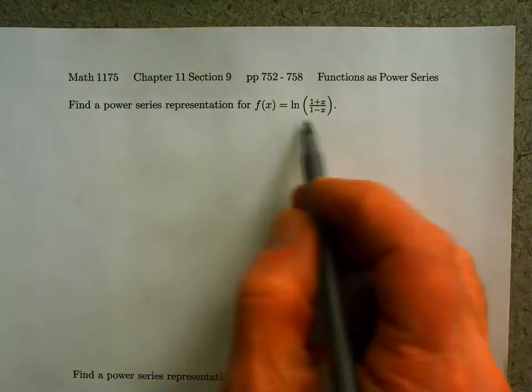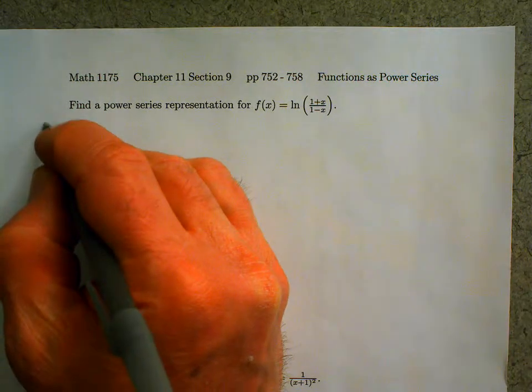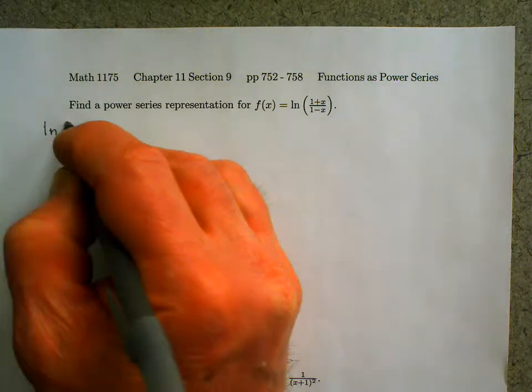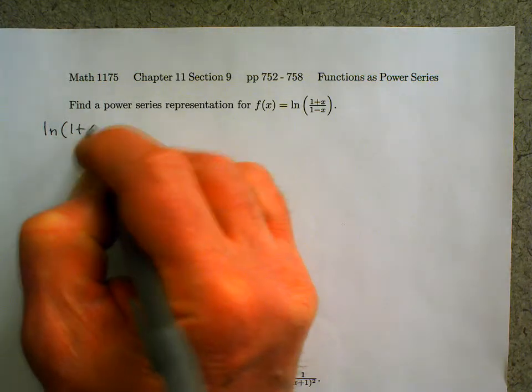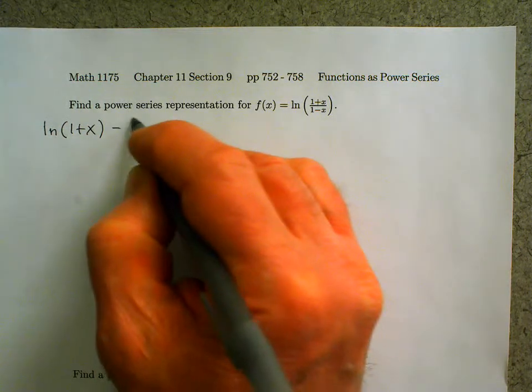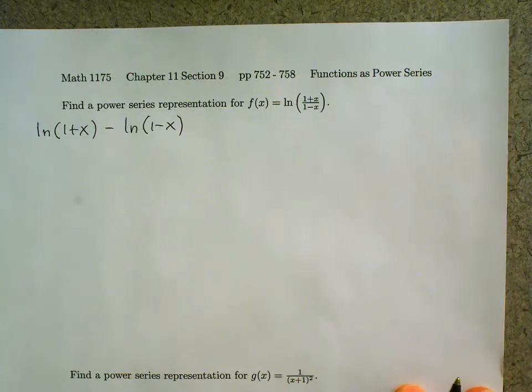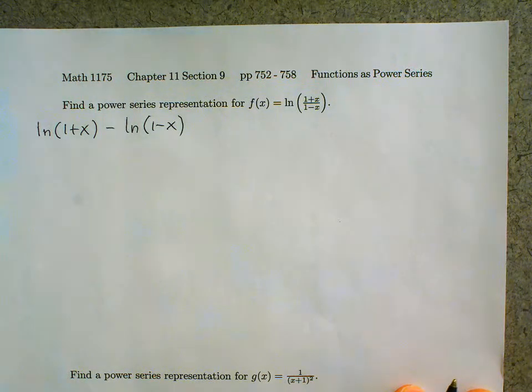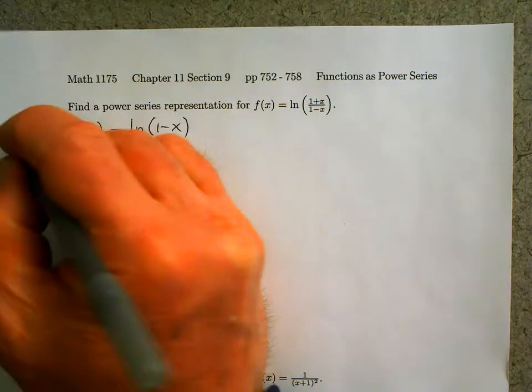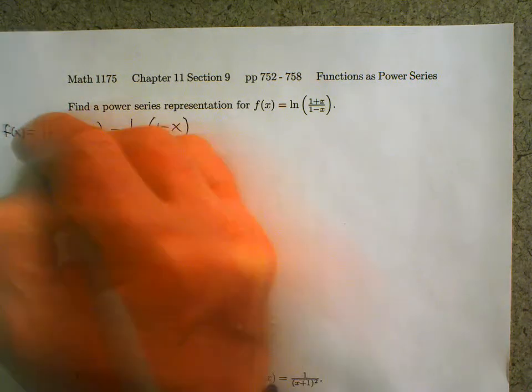Well, using a property of logarithms, let's rewrite this as the natural log of 1 plus x minus the natural log of 1 minus x. Okay, so this is our f of x, lowercase f of x.